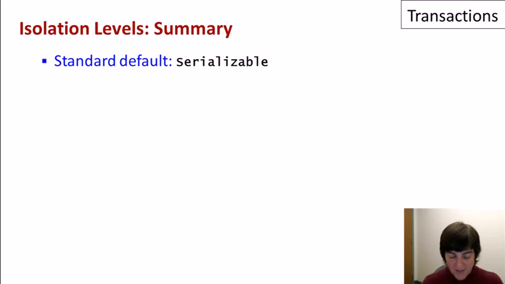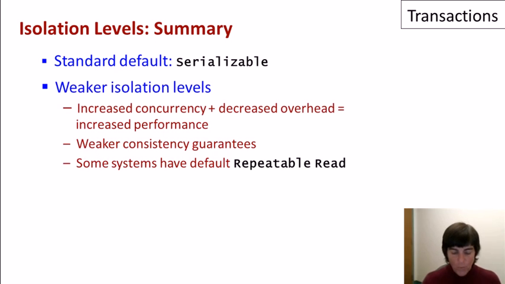So to wrap up transactions completely, the standard default is serializable behavior, and we've specified exactly what that means. Weaker isolation levels allow us to increase concurrency, decrease overhead, so overall get increased performance, but we have weaker consistency guarantees. I should mention that some prominent database systems have actually chosen to have repeatable read as their default.